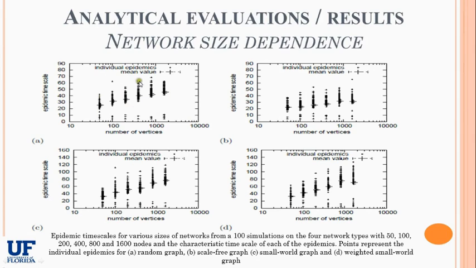If you are comparing, for instance, the random graph to the scale-free graph, you realize that the scale-free graph tends to have a steady growth with the network size, though in the random graph, since it's very randomized, anybody could get it.